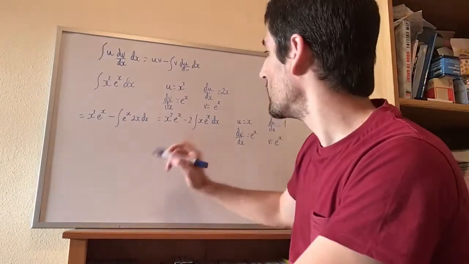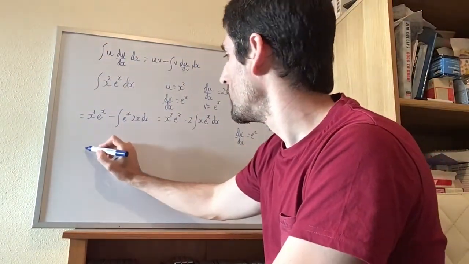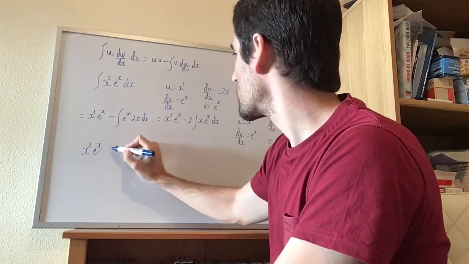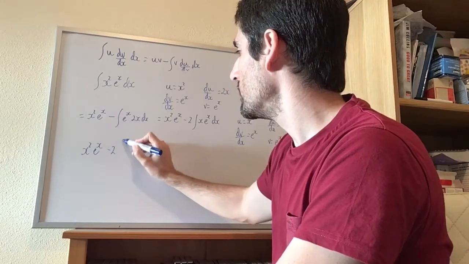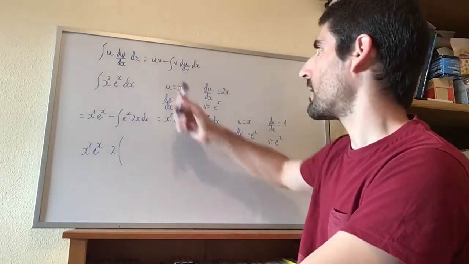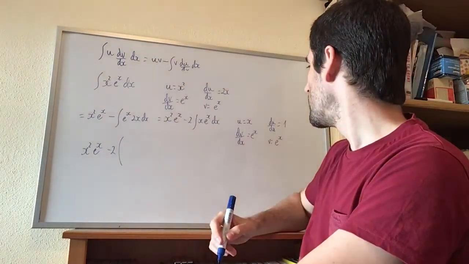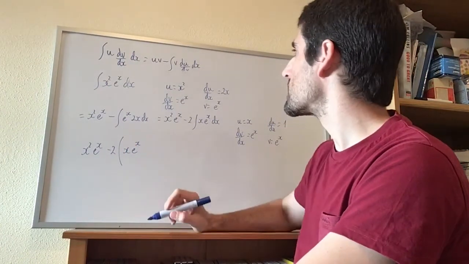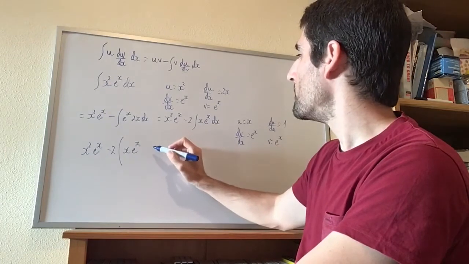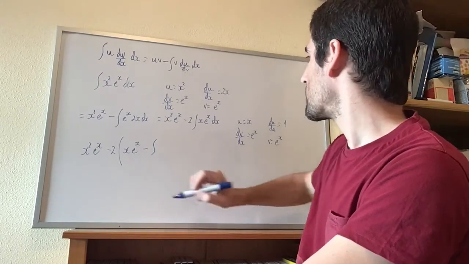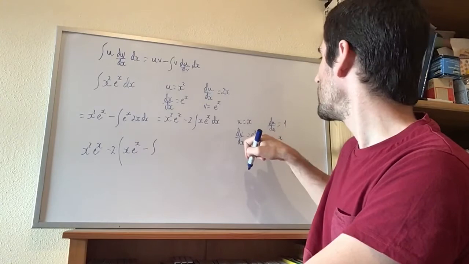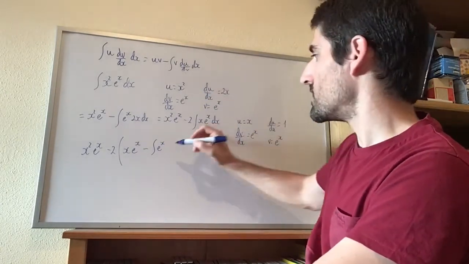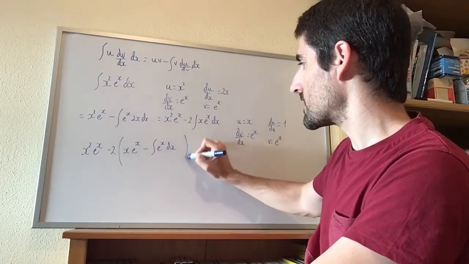Apply the formula again. So I've got x squared e to the x minus 2 times, apply the formula again, uv, so x e to the x minus the integral of v, which is e to the x, du over dx, which is 1 dx.